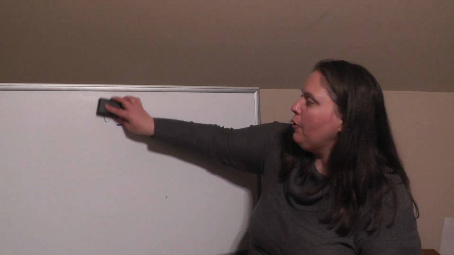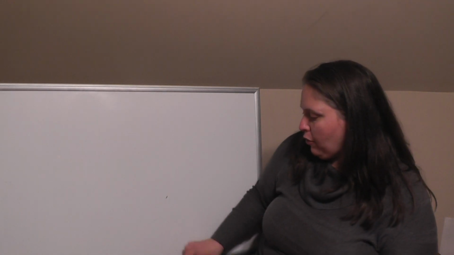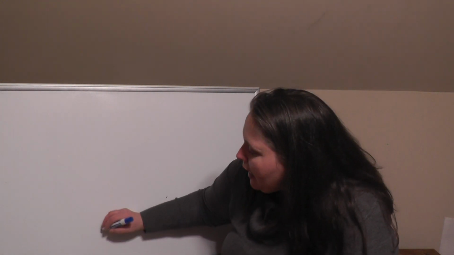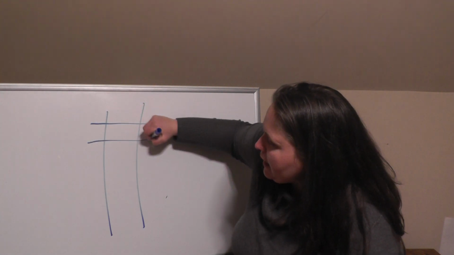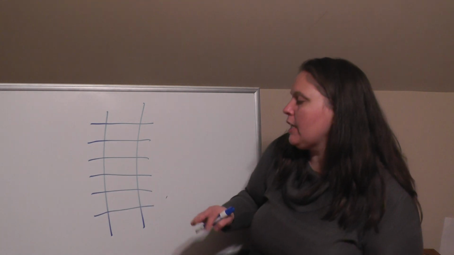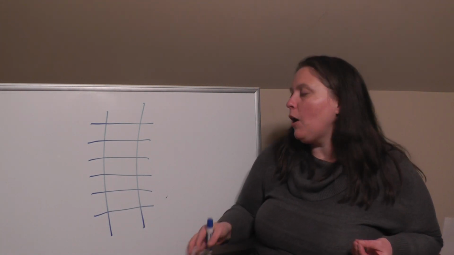You can also, if your child is ready for something a little more challenging, do word ladders. And for this, you would want to start with modeling. You always want to start with modeling.